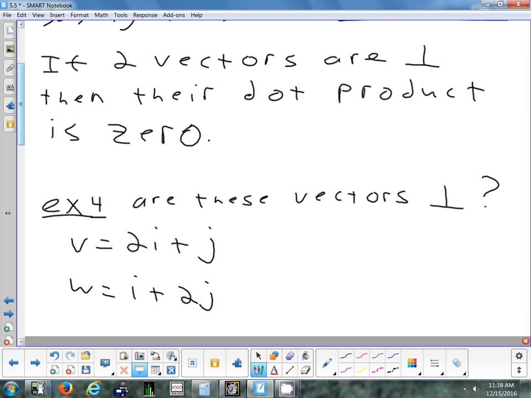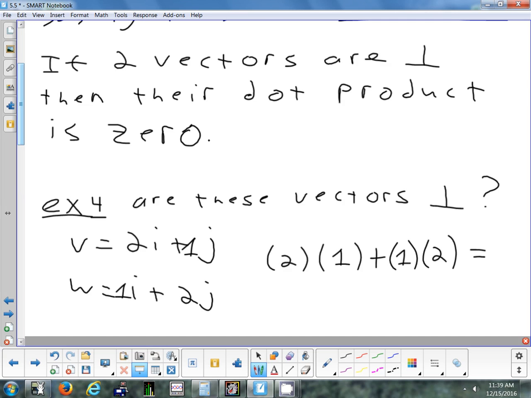Let's just figure out if these two vectors are perpendicular. If they're not, it doesn't ask you to find the angle. It just says, are they perpendicular? Yes or no? Let's find the dot product. Brianna, can you give me my calculation for the dot product? 2 times 1, and then 1 times 2.